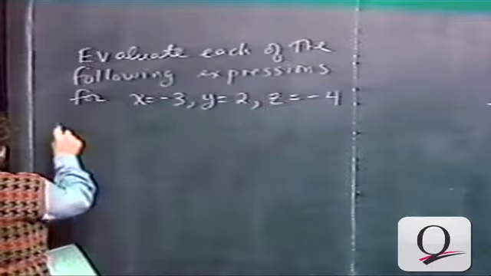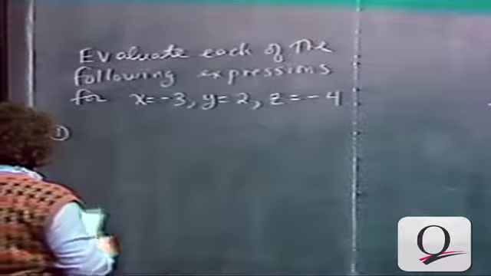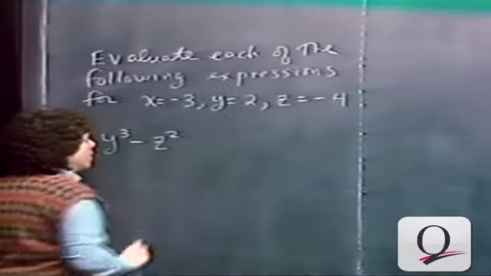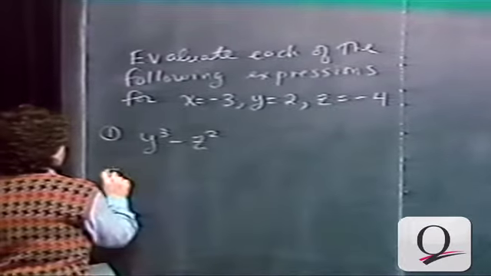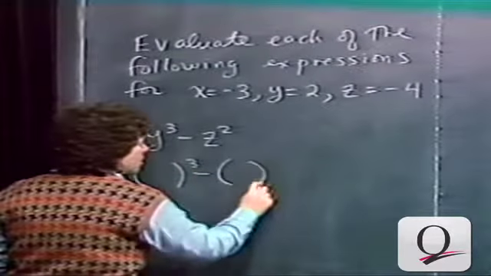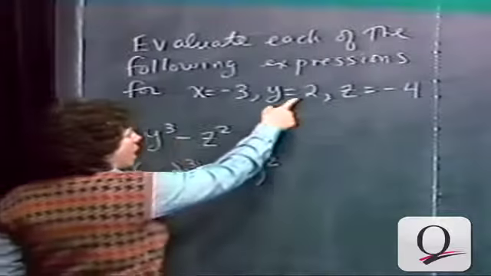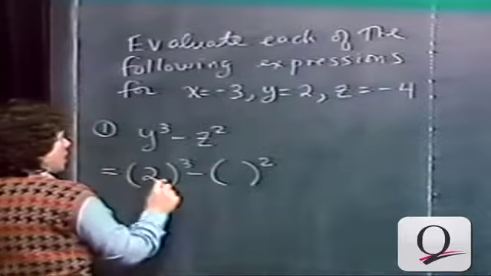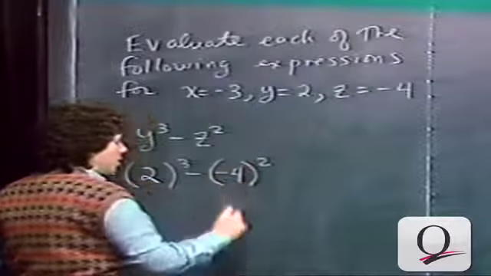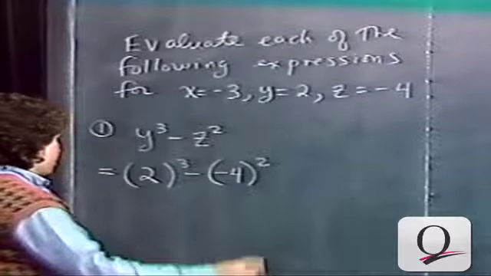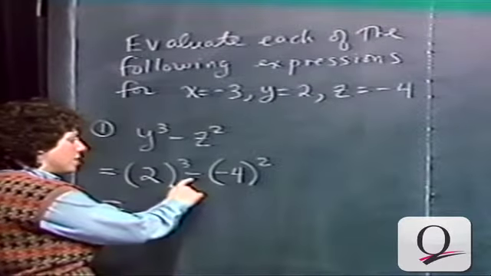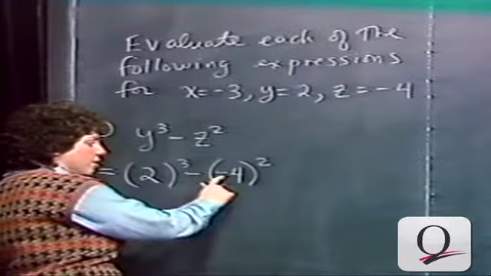The first expression, y cubed minus z squared. Now y is equal to 2, and z is equal to minus 4. Okay, now don't make the mistake of saying minus a minus 4 is plus 4.